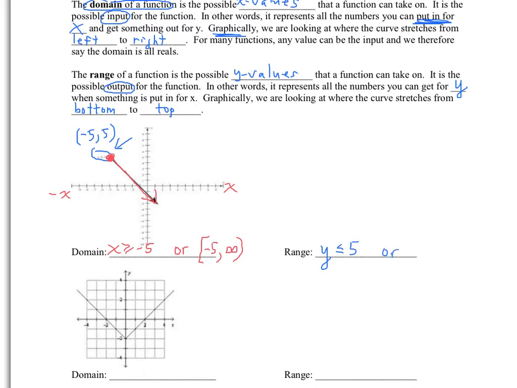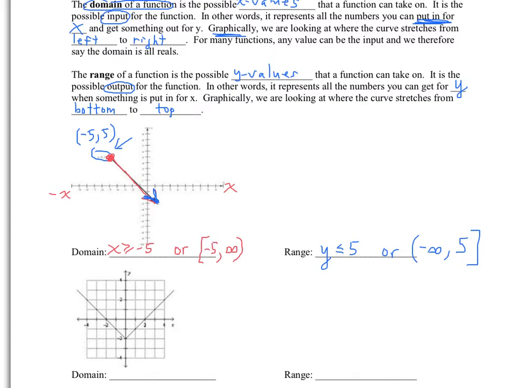Or if we wanted to use interval notation, we want to always start from the bottom and work our way up. So in other words, from least to greatest, it's coming from -infinity. That's what this arrow right here means. It's going down forever. And it's going to go all the way up to +5, including +5. So we would want to put a square bracket around that 5.